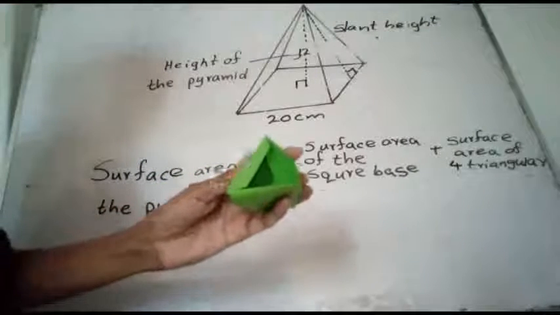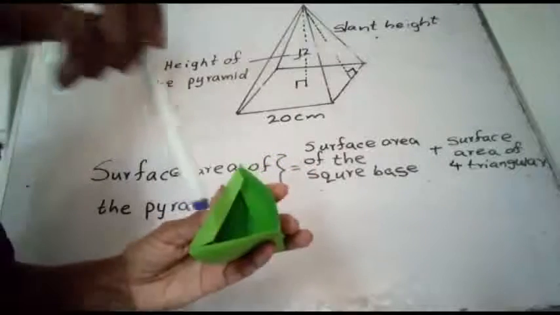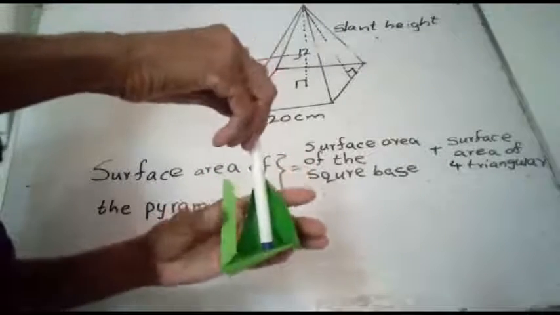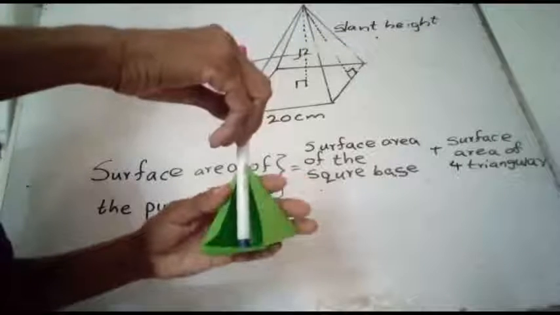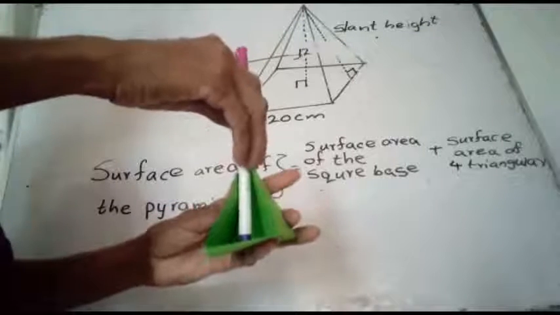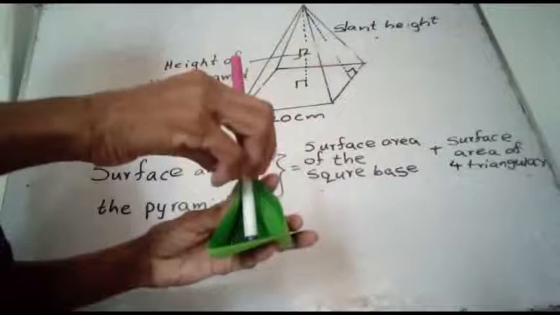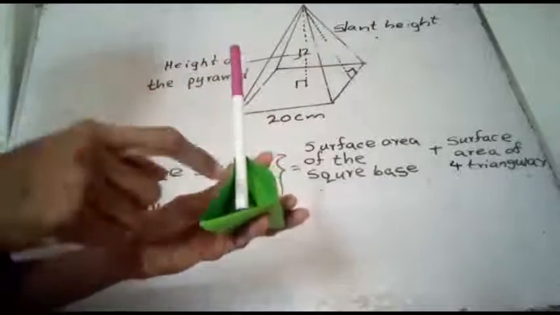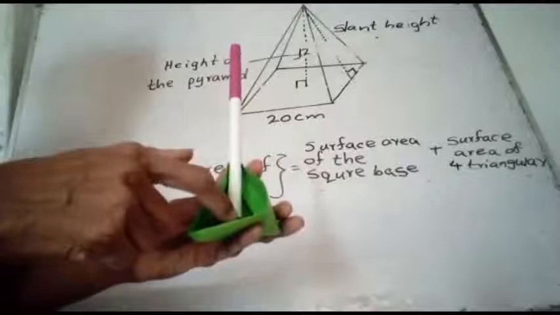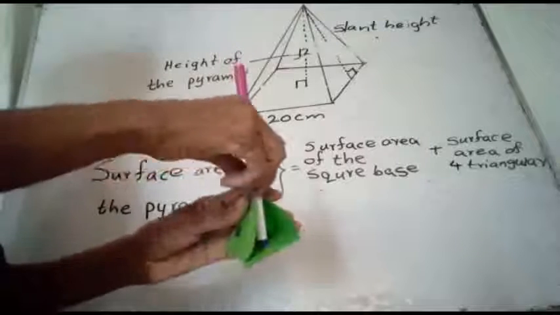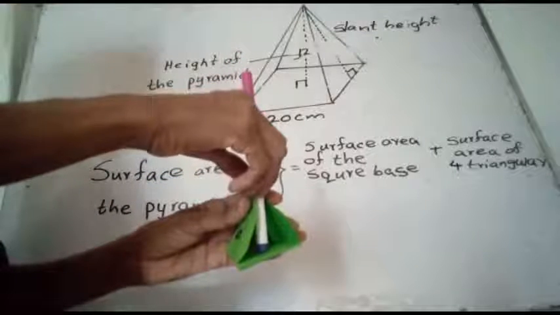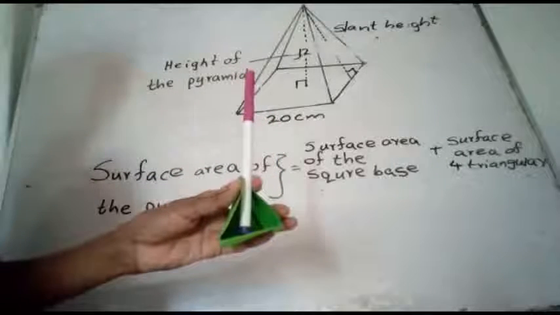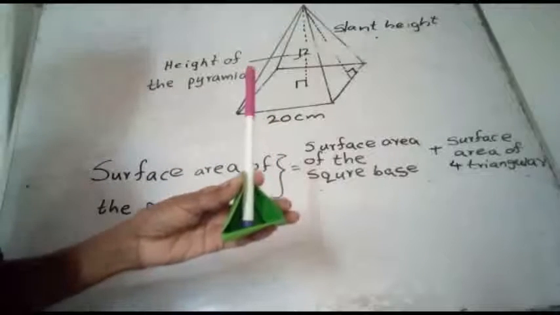This is the perpendicular height of the pyramid, the height from the center of the base to this vertex. Find the surface area of the pyramid.